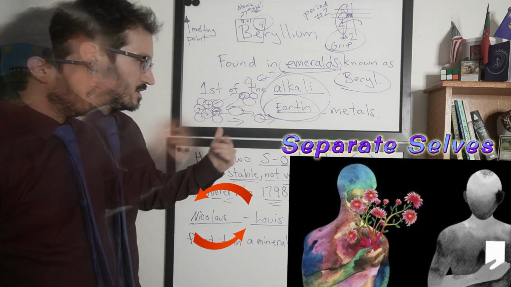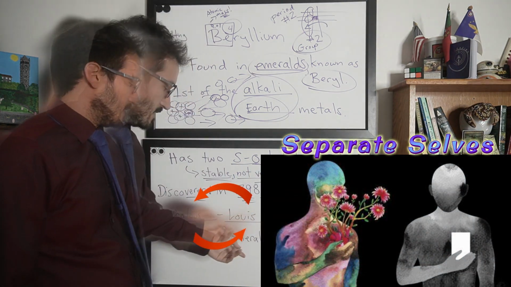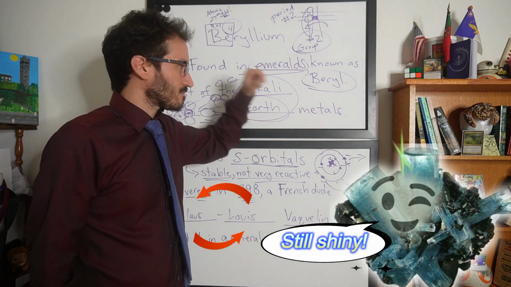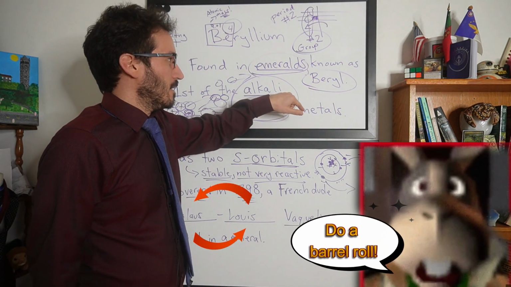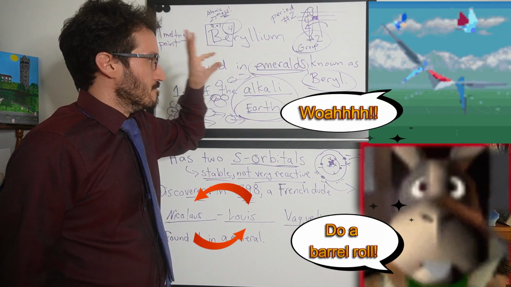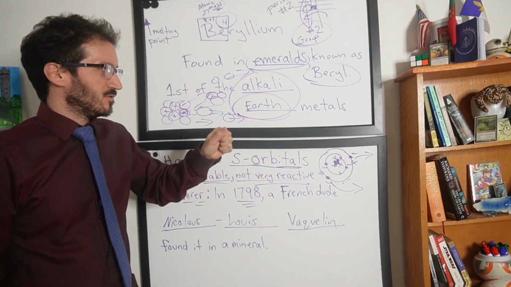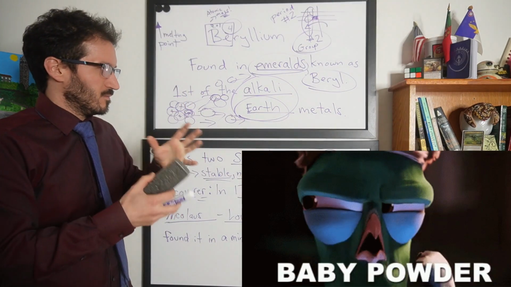He noticed this new element with some other elements in this barrel mineral. Do a barrel roll. So he found it there, and actually there's a great story. He was able to extract it, and he got the powder of beryllium out. But the beryllium was mixed with other things.